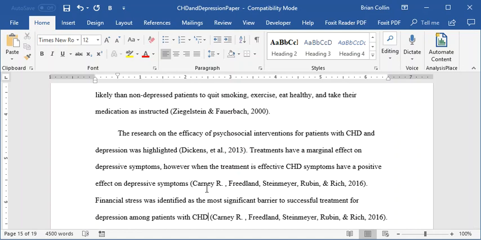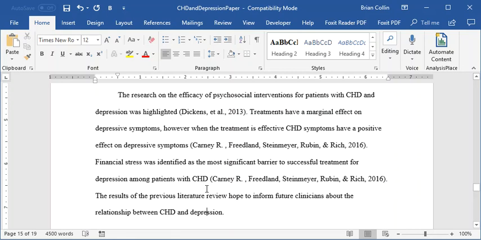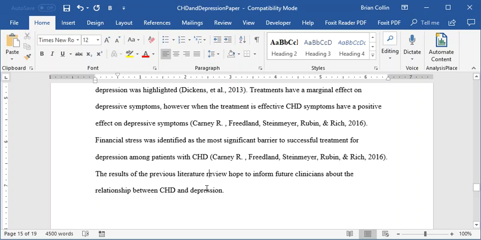However, when the treatment is effective, heart disease symptoms have a positive effect on depressive symptoms. Financial stress was identified as the most significant barrier to successful treatment for depression among patients with heart disease. So financial stress can affect that negatively.